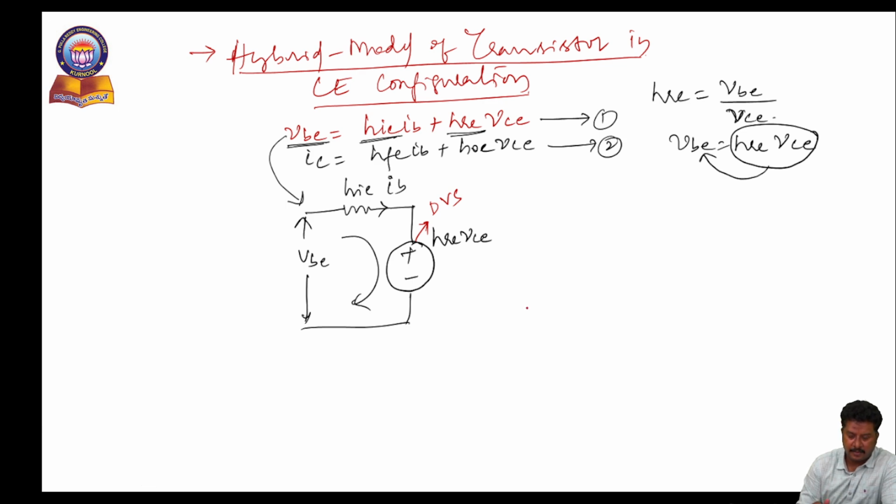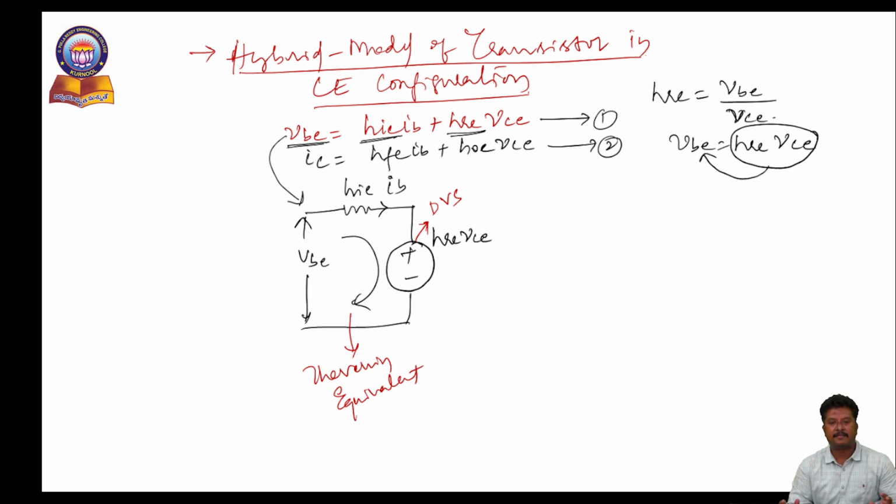And if you carefully observe, the resistance is in series with the voltage source, which is equivalent to a Thevenin's equivalent. How many voltage sources are inside the transistor, everything is combined as a single voltage source, and how many resistance behaviors are there, everything is considered as a single resistance. By connecting the resistance in series with the voltage source, that equivalent we consider as a Thevenin equivalent circuit.